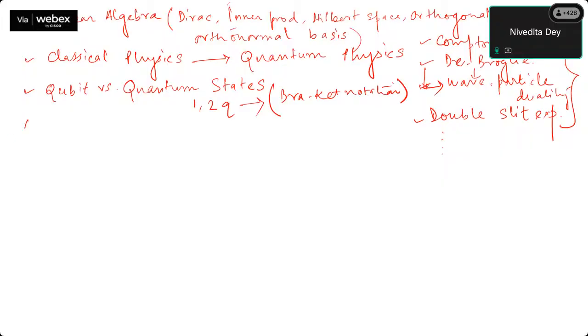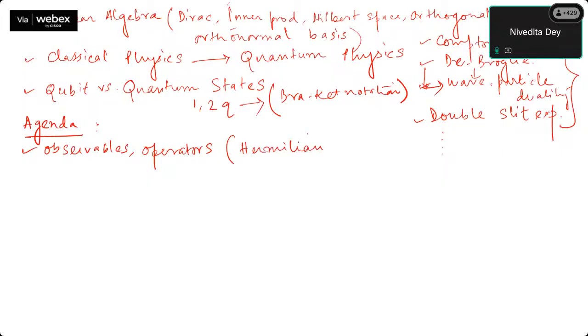So today's agenda: primarily we will be covering the observables and operators, where primarily we will be covering the Hermitian operator, because all quantum operators, or say quantum gates, are of this type.